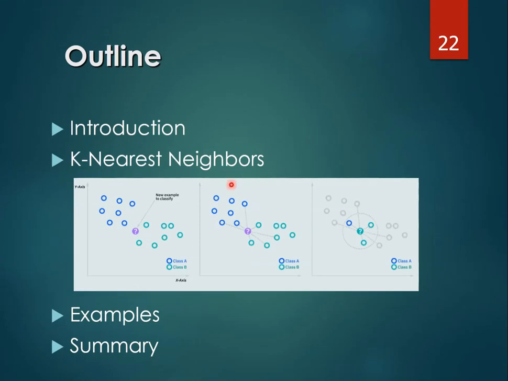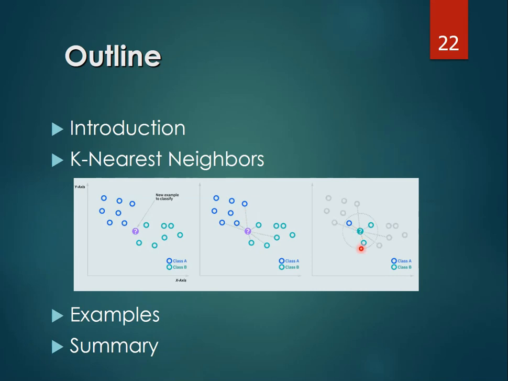How does k nearest neighbors work? Assuming we have two clusters, cluster A and cluster B. A is the blue color, B is the green color, and we have a new point in between the clusters. What we should do is calculate the distances between this new point and all the data points.